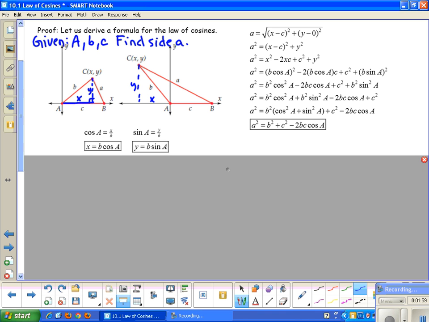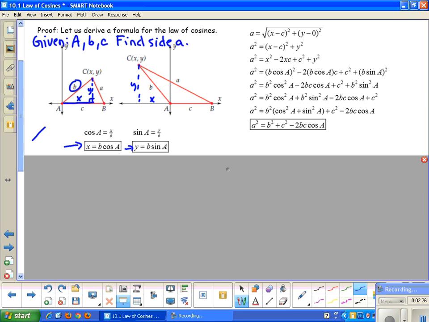The cosine of A is equal to adjacent over hypotenuse, so that's x over b. Solving for x, we get x is equal to b times cosine A. For sine of A, to find y, we do opposite over hypotenuse. My opposite is y, and my hypotenuse is b, so y is equal to b sine A. That's stuff we've done before.